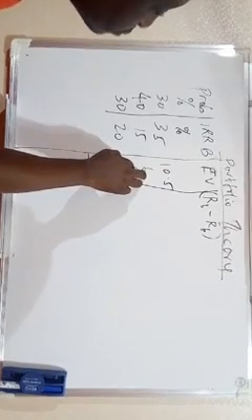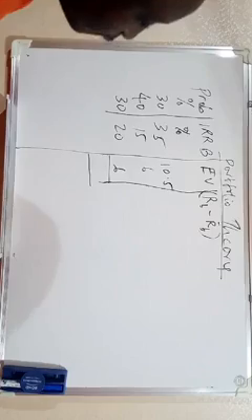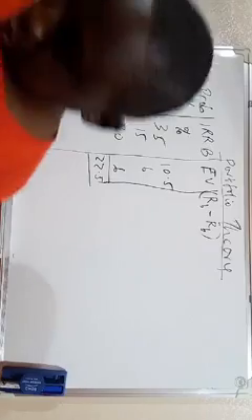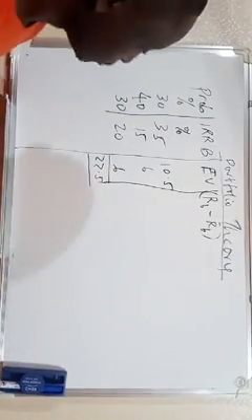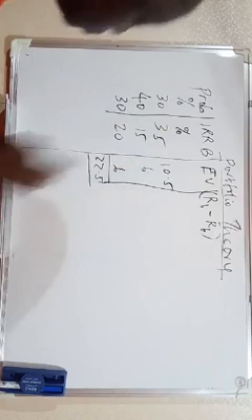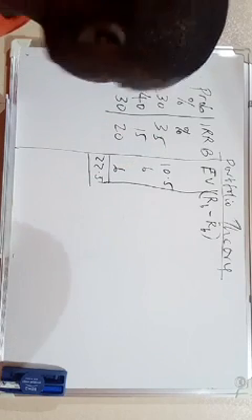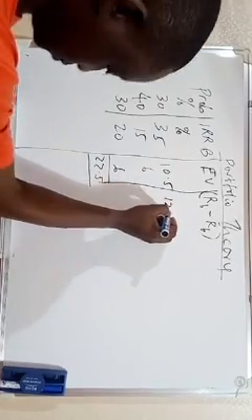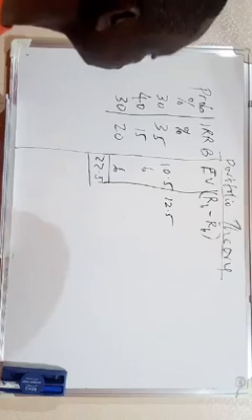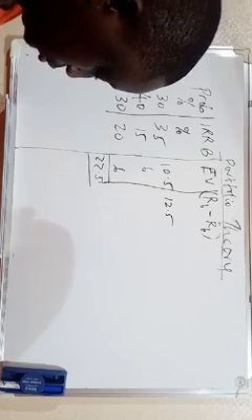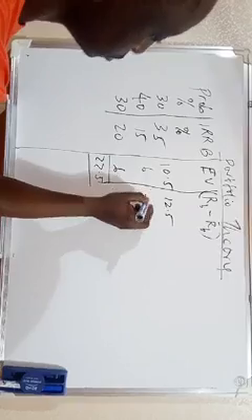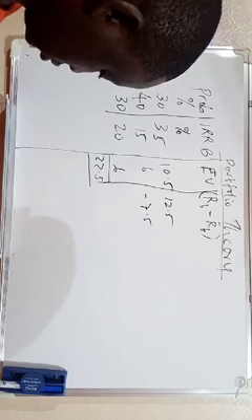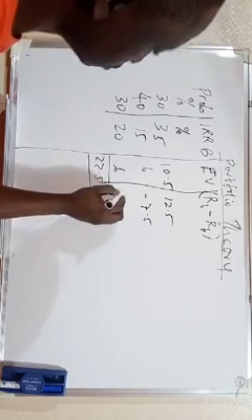This is 12, 22.5. So 35 minus 22.5, this is 12.5. 15 minus 22.5, minus 7.5. 20 minus 22.5, minus 2.5.